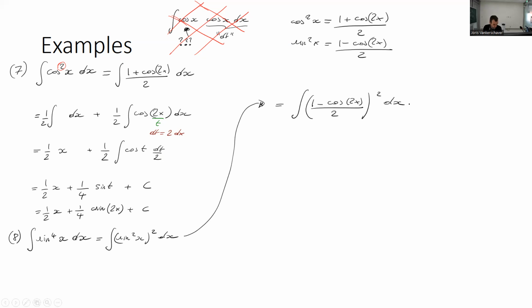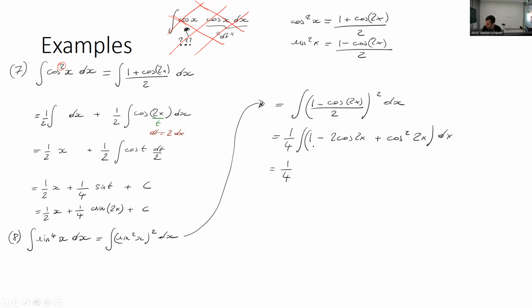And this is now a little bit painful because you have to work out what is inside this square, and you get 1/4 times (1 minus 2 cosine 2x plus cosine squared 2x) dx.